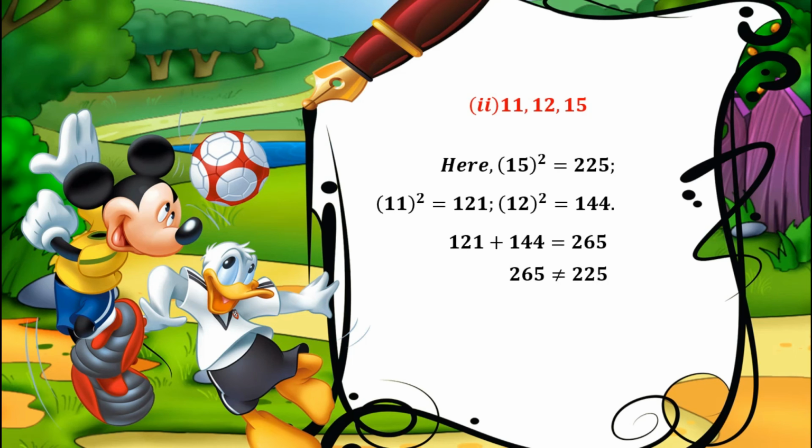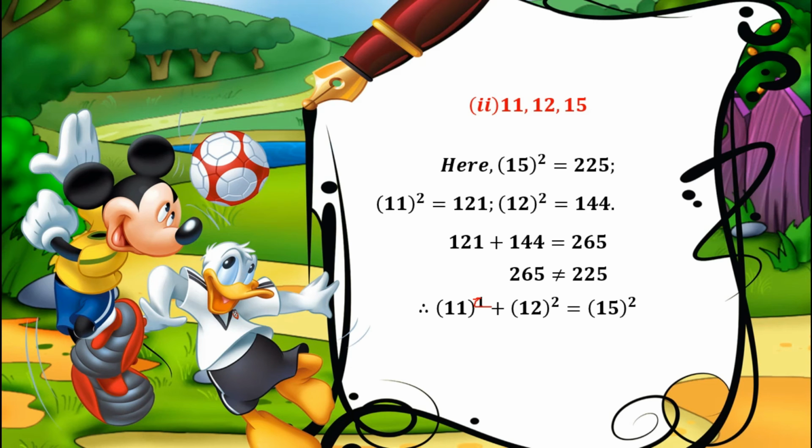So you will see here that 265 is not equal to 225. It means that 11 raised to 2 plus 12 raised to 2 is not equal to 15 raised to 2, it is not a right angled triangle.